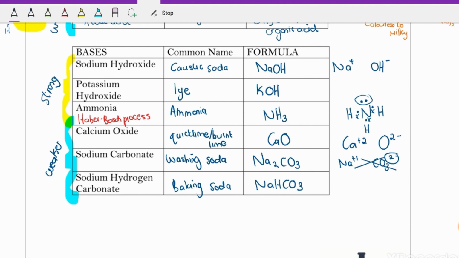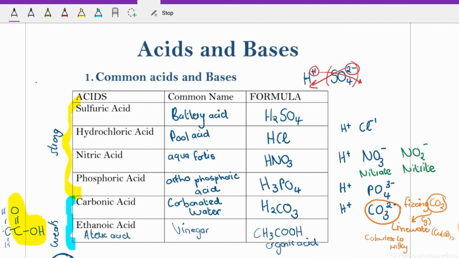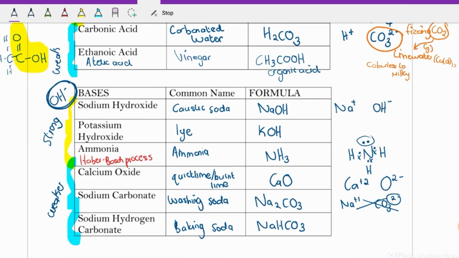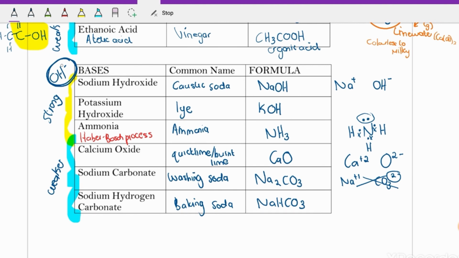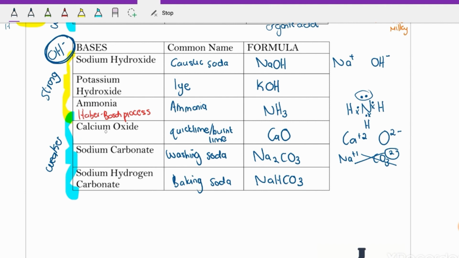Your stronger bases will dissociate much more, therefore they will have a lot of hydroxide ions present, because remember, this is the characteristic of bases, whereas in acids we focus on the hydronium ions. So they will have a lot more of this present and therefore a higher pH, whereas weaker bases dissociate incompletely and therefore you will have a lower pH. Still high but not as high.